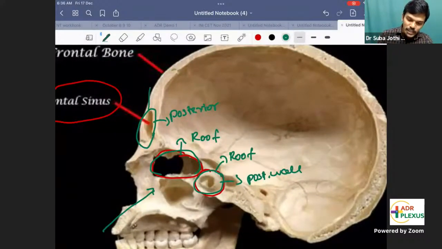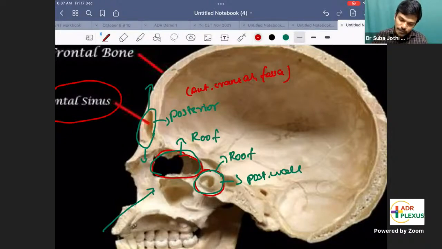Frontal sinus: superiorly and inferiorly it is safe; posteriorly it is in connection with the anterior cranial fossa. The ethmoid sinus again is in connection with the anterior cranial fossa. The sphenoid sinus roof is in connection with the middle cranial fossa.